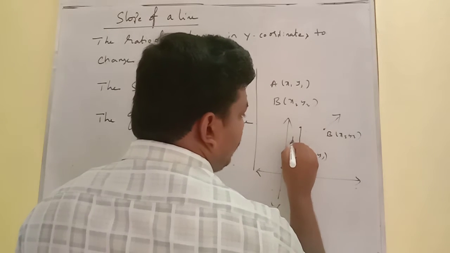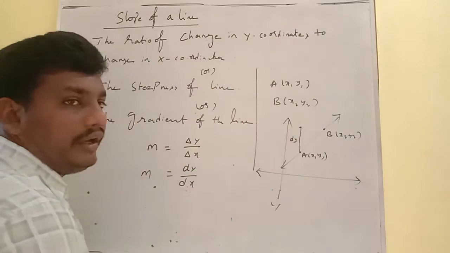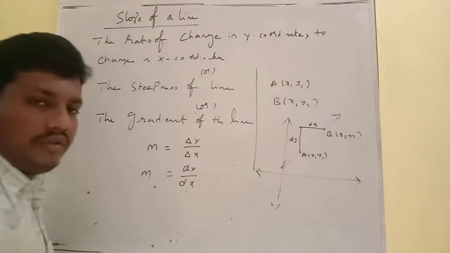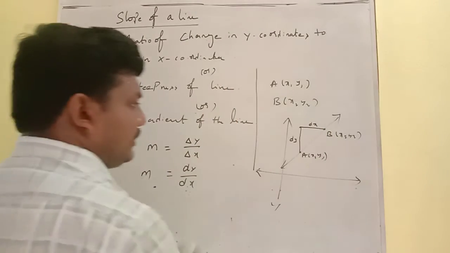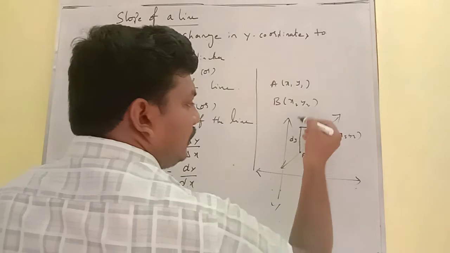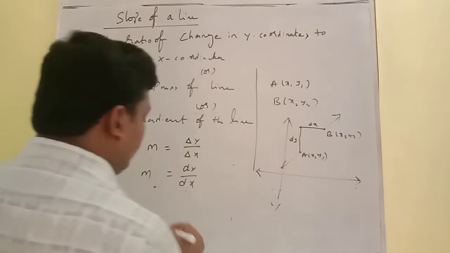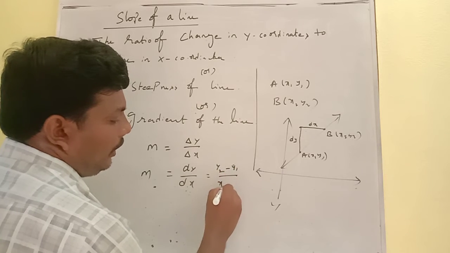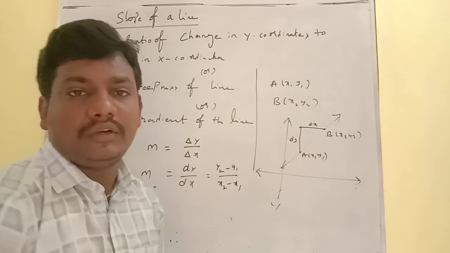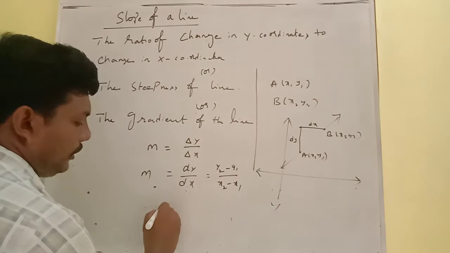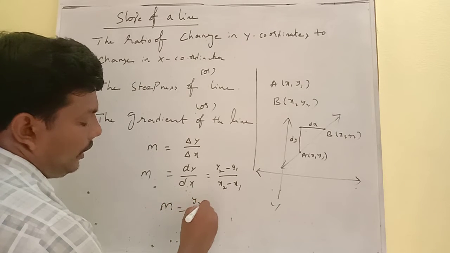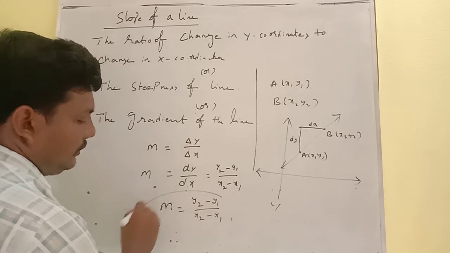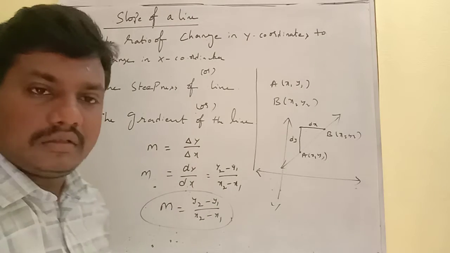This is change in y, called dy, with respect to change in x, called dx. So dy by dx is y2 minus y1 by x2 minus x1. Therefore m is equal to the slope, m equals (y2 minus y1) by (x2 minus x1). This is nothing but slope.